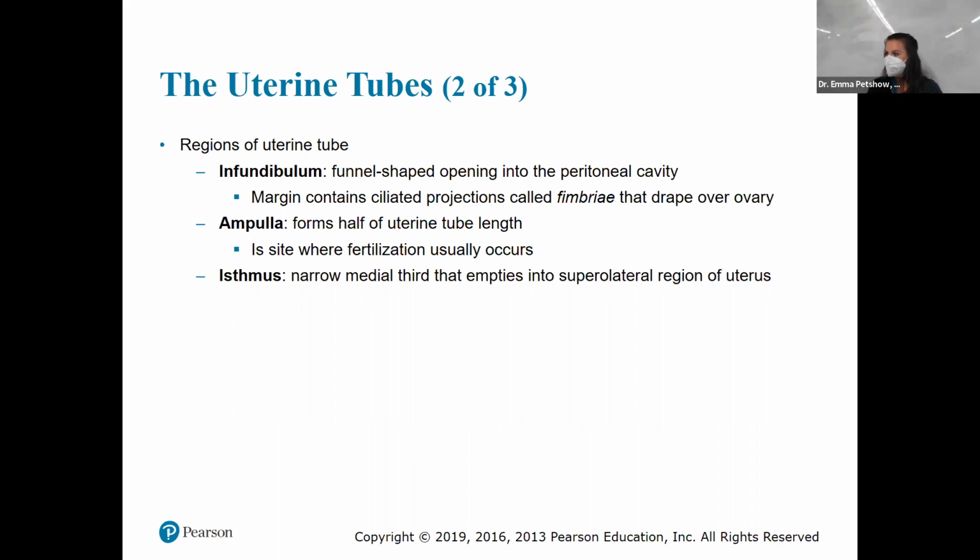That's what you should associate your ampulla with. And your isthmus is your medial third that just empties into the uterus. So think of the infundibulum as having fimbriae that are going to catch the oocyte. Ampulla is where, if fertilization occurs, that's where it would occur. And isthmus is where it's drained or funneled into the uterus.